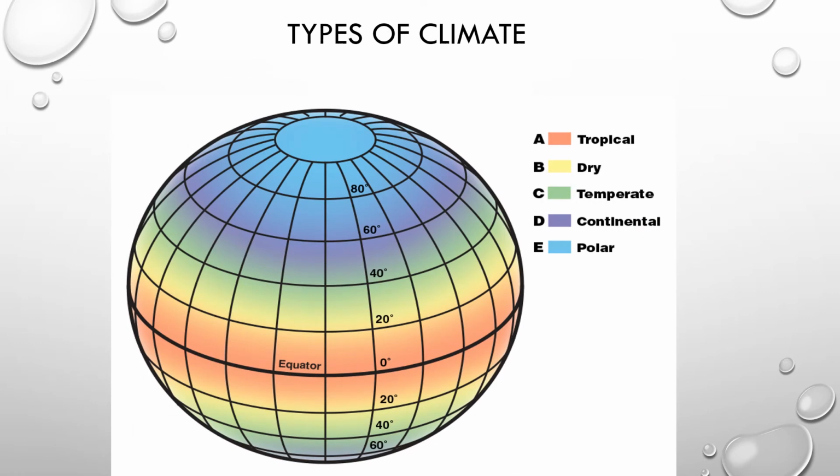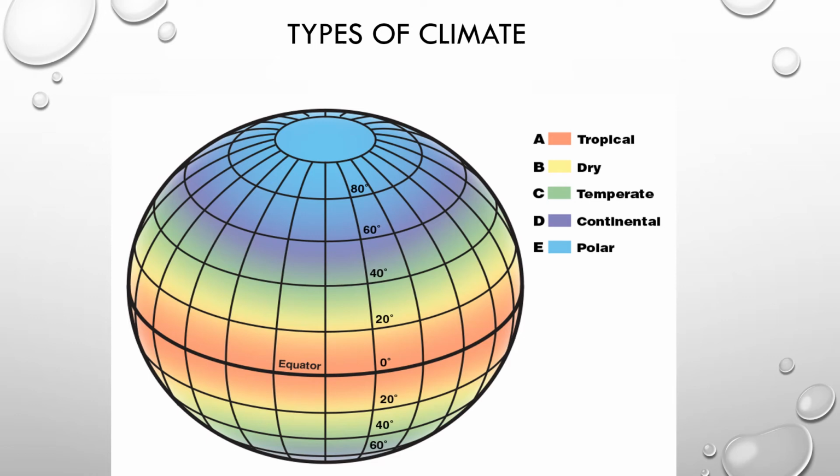How many types of climate do we have? We have five major types of climate. The major ones are hot and cold climate, but when we divide according to the zones, we have tropical climate areas, dry areas, temperate areas, continental and polar regions.